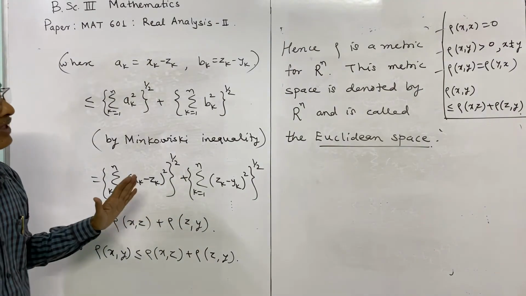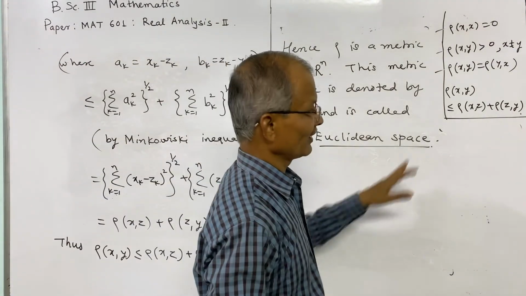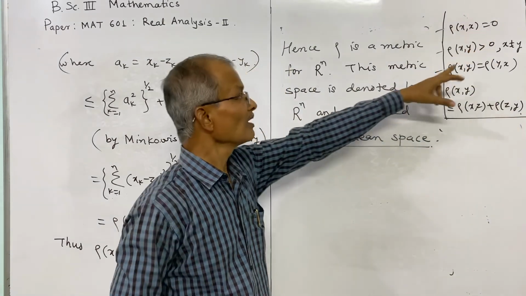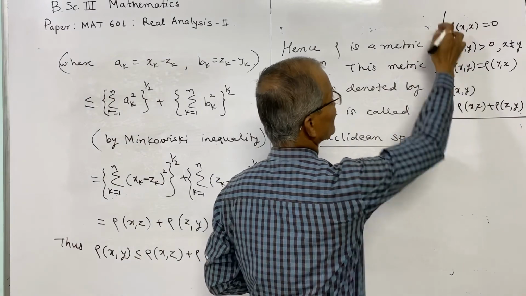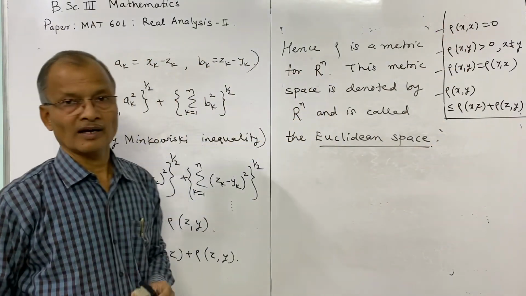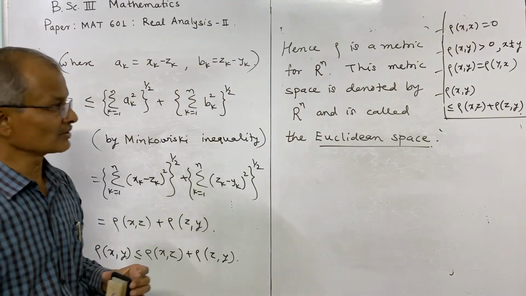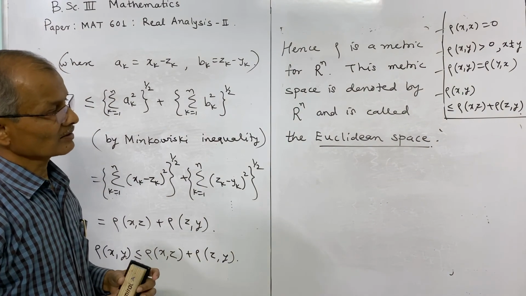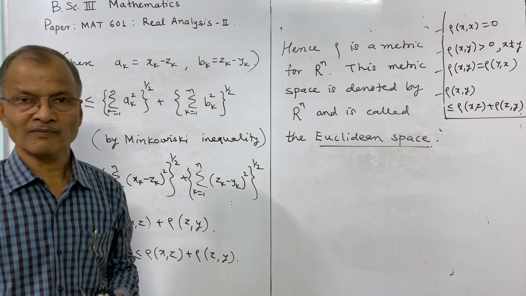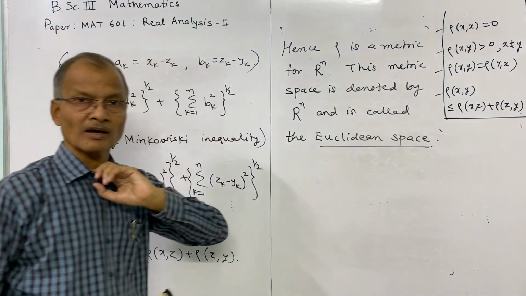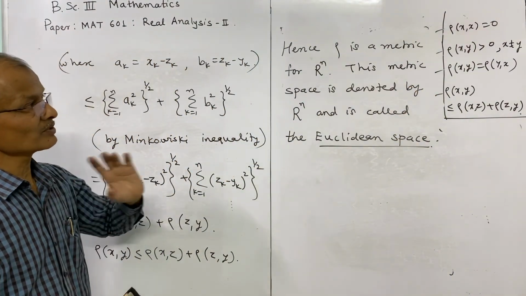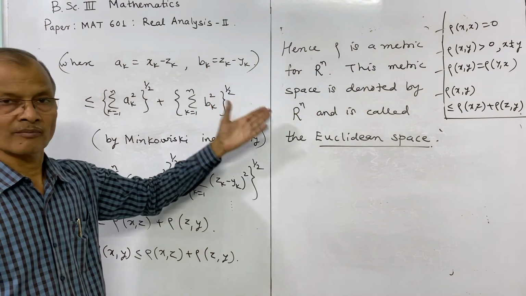So thus we have defined first a metric, which is a distance function having these four properties. And we have considered some examples of metric spaces, a set together with a metric defined on that set which satisfies these four properties. Then the function becomes a metric and the space becomes a metric space.